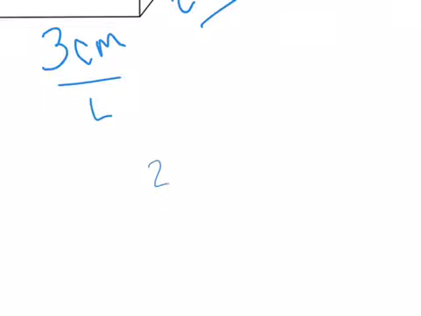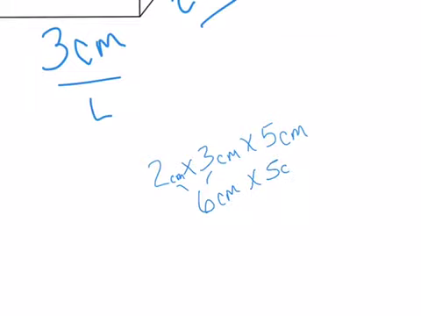So I have 2 times 3 times 5. 2 times 3 is 6. Did not write that very well. 6 centimeters times 5 centimeters.